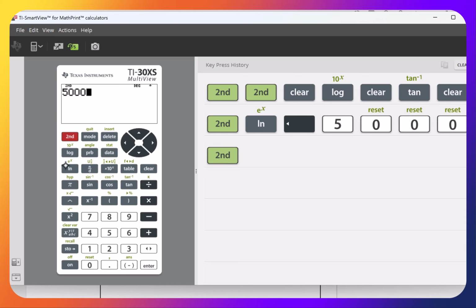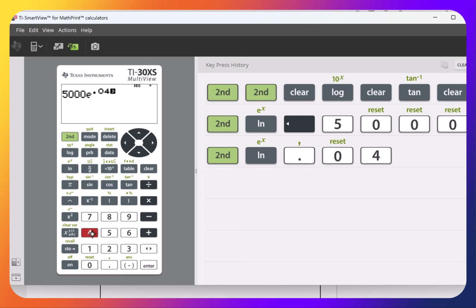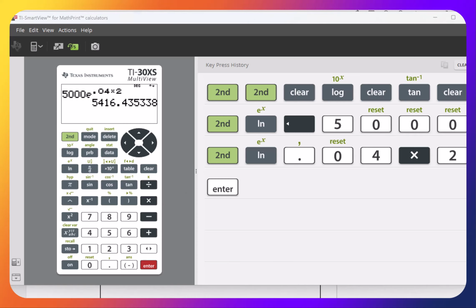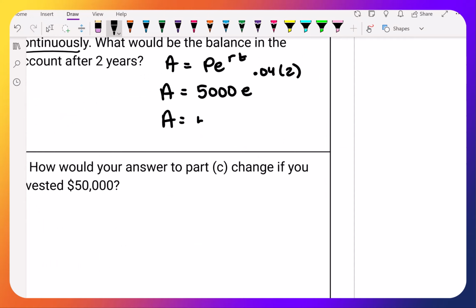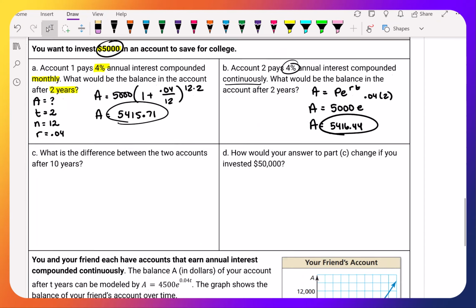And then we're going to do e to the 0.04, so your calculator knows you're going to do an exponent. Then hit times 2, and then hit enter, and that should be our final answer. Let's write that down. There we go. So it's really not that much different.